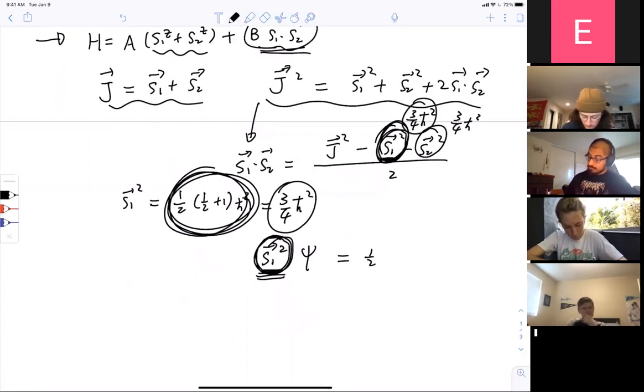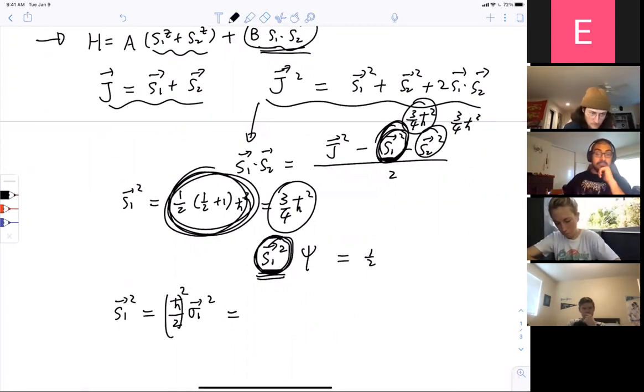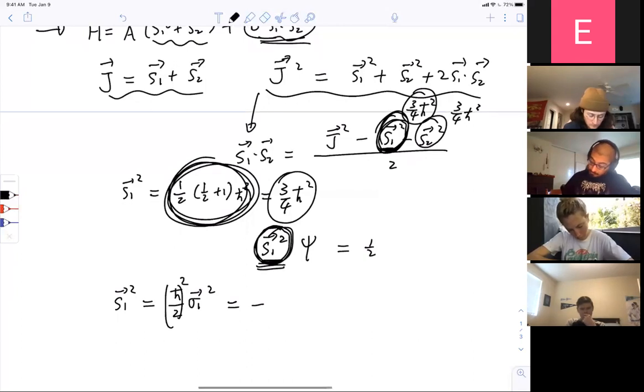Another way to understand it is you can write this explicitly, which is h bar over 2 times sigma 1, squared, right? This is the definition of S1 in the spin 1/2 representation, which is h bar squared over 4 times sigma 1 squared.